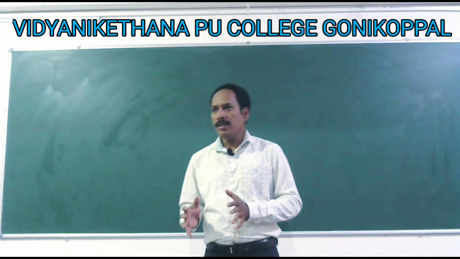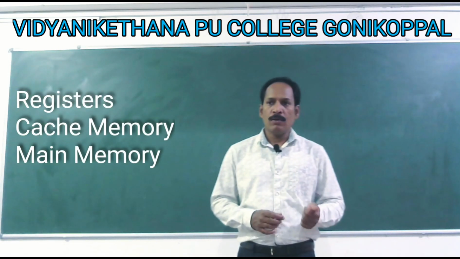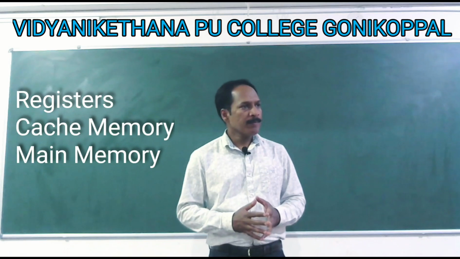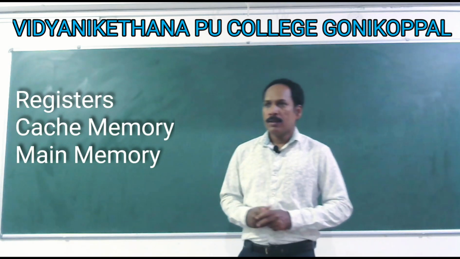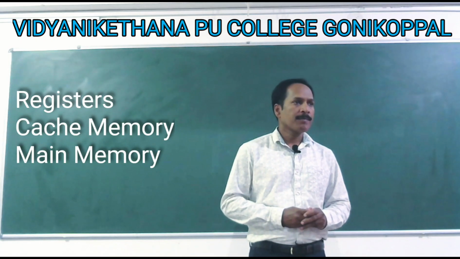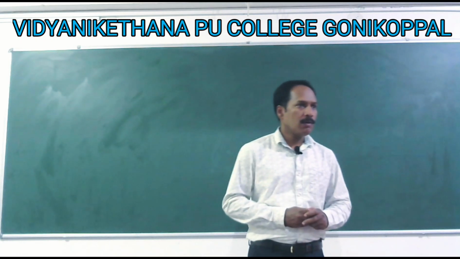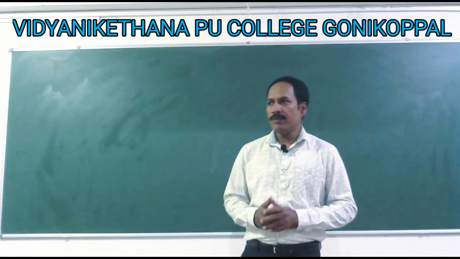We have three internal memories. One is called registers, another is called cache memory, and one more is called RAM or primary memory. We will learn all this one by one. Also, what are the features of internal memory?